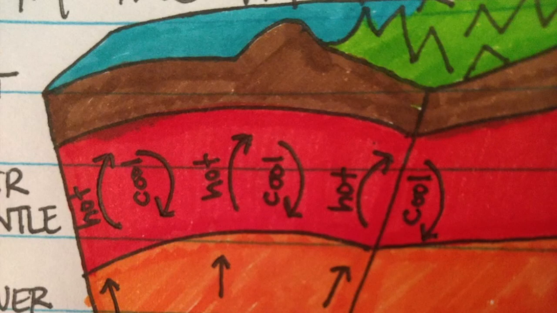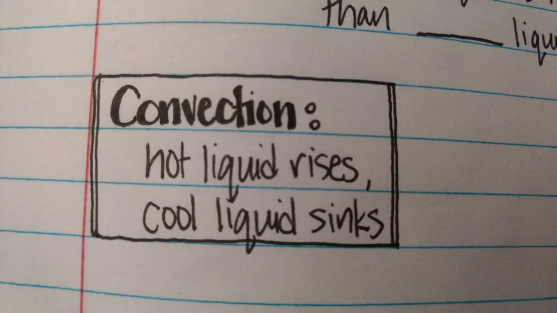So, you're going to go ahead and draw some arrows with me on your diagram just so we can see how exactly that looks in our mantle. And you guys have probably heard this word before, but convection, where our hot liquid rises and our cool liquid sinks.